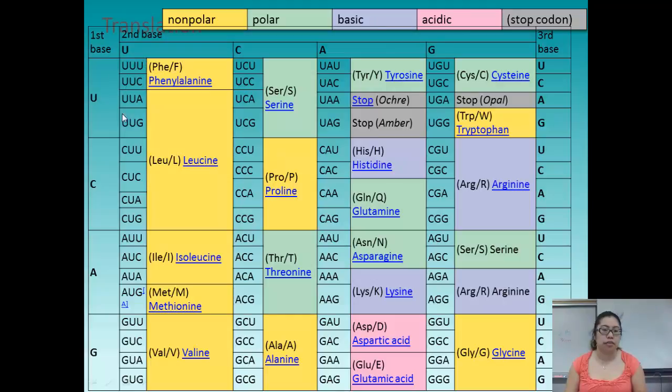Now, look at the first column: phenylalanine, leucine, isoleucine, methionine, and valine. These have very similar properties, so if a mutation occurs, hopefully the similar properties won't cause much change in the protein. Once the protein is mutated, you'll have diseases that may or may not be life-threatening, depending on the disease, and it hinders function.